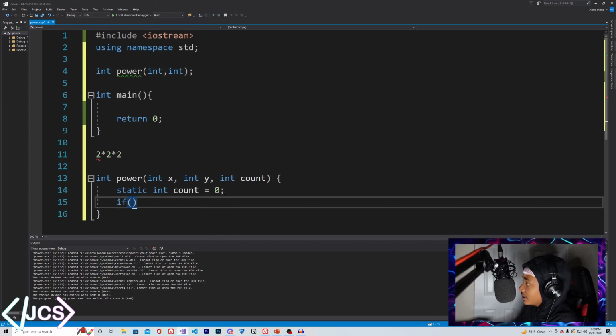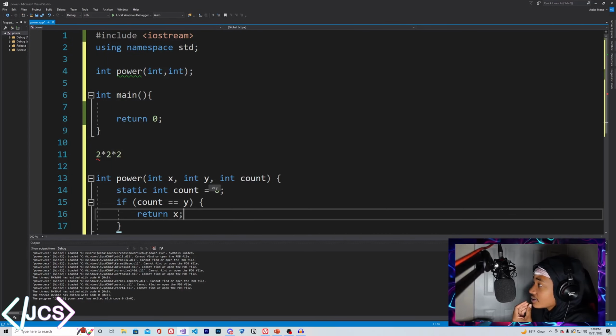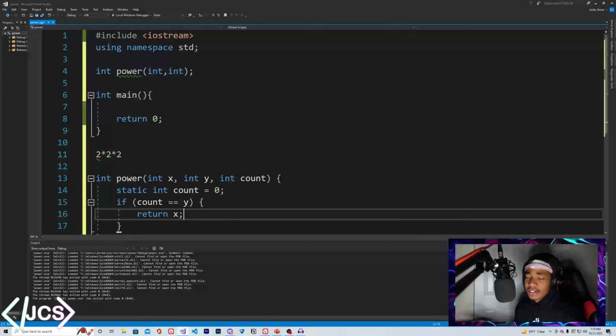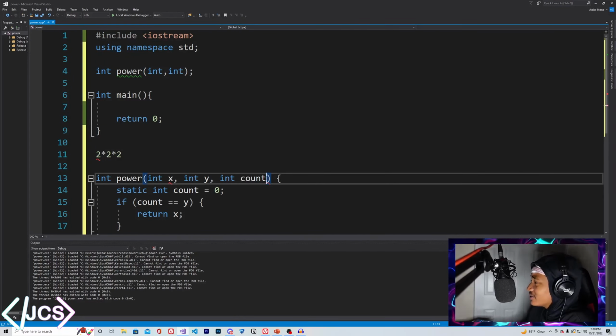So if count is equal to y, because count is going to increment every time, like if 3 equals 3, then that means we've multiplied it enough. I actually don't think this needs to equal 0. I forgot, it's either 0 or 1.